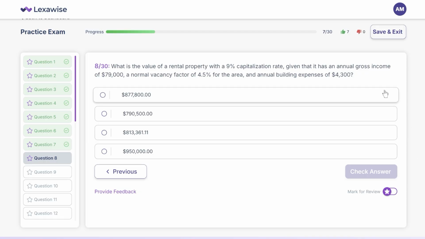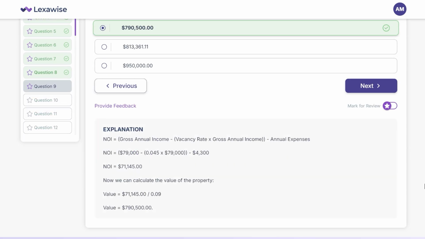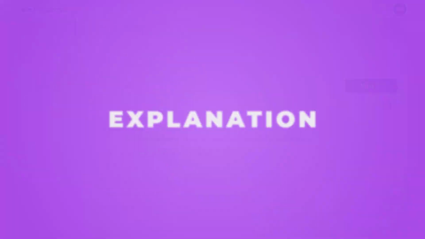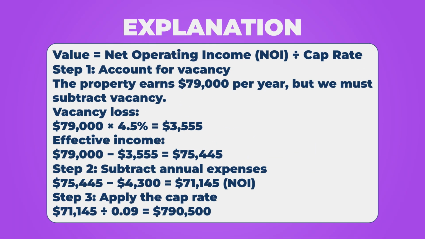A. $877,800. B. $790,500. C. $813,361.11. D. $950,000. Take a moment to think. The correct answer is B. $790,500. Let's walk through this slowly, step by step.